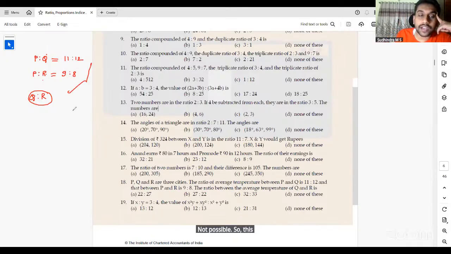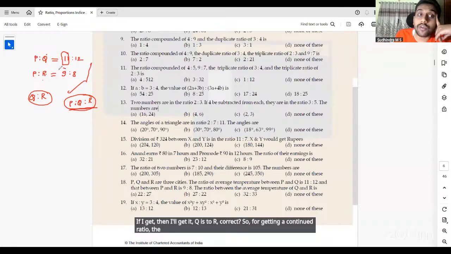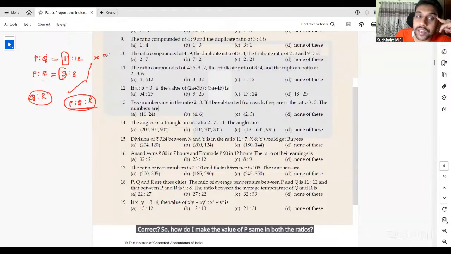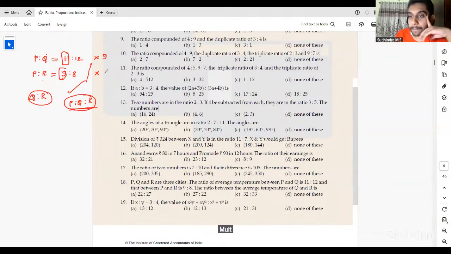This is easily identifiable if I get P is to Q is to R as a continued ratio, then I'll get Q is to R. For getting a continued ratio, the value of P in both the ratios should be the same. So I have to multiply this by 9 and this by 11. This becomes 99 is to 108, and this becomes 99 is to 88.